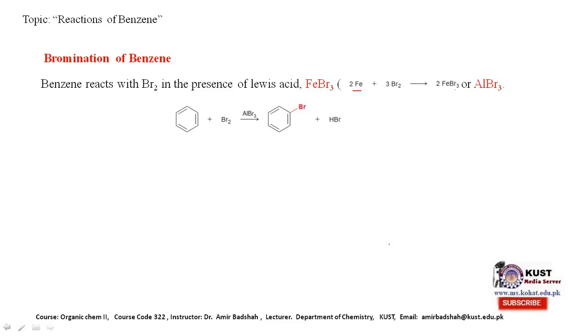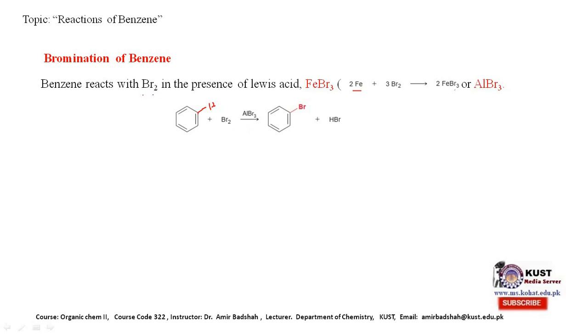First, we will discuss the bromination of benzene. Bromination of benzene means the replacement of hydrogen by bromine. How does it happen?